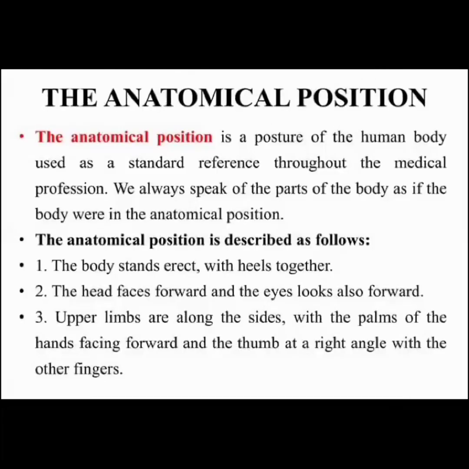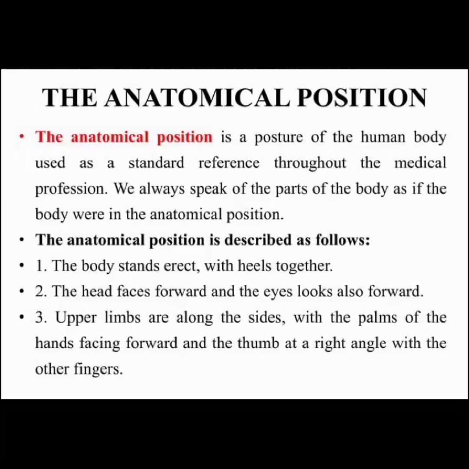Now we will discuss the anatomical position. The anatomical position is a posture of the human body used as a standard reference throughout the medical profession. We always speak of the parts of the body as if the body were in the anatomical position. The anatomical position is described as follows. First, the body stands erect with heels together.